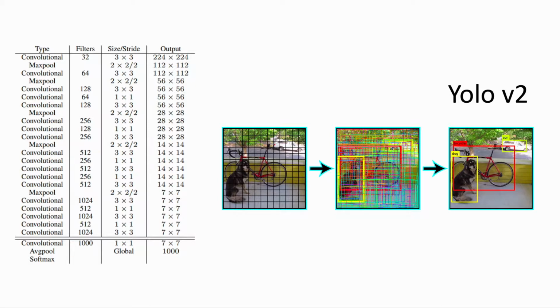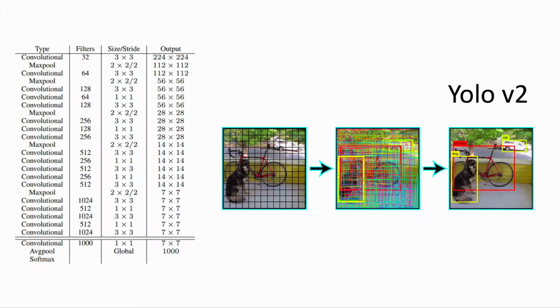This network divides the image into regions and predicts bounding boxes and probabilities for each region. These bounding boxes are weighted by the predicted probabilities. The major advantage of this network is that it is really fast. It is perfectly adapted to our situation where we don't have a big GPU to perform the calculations.